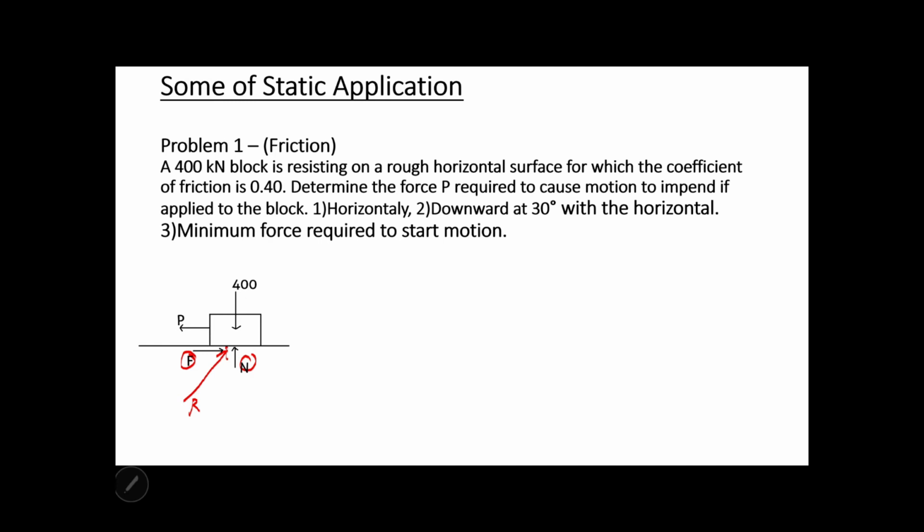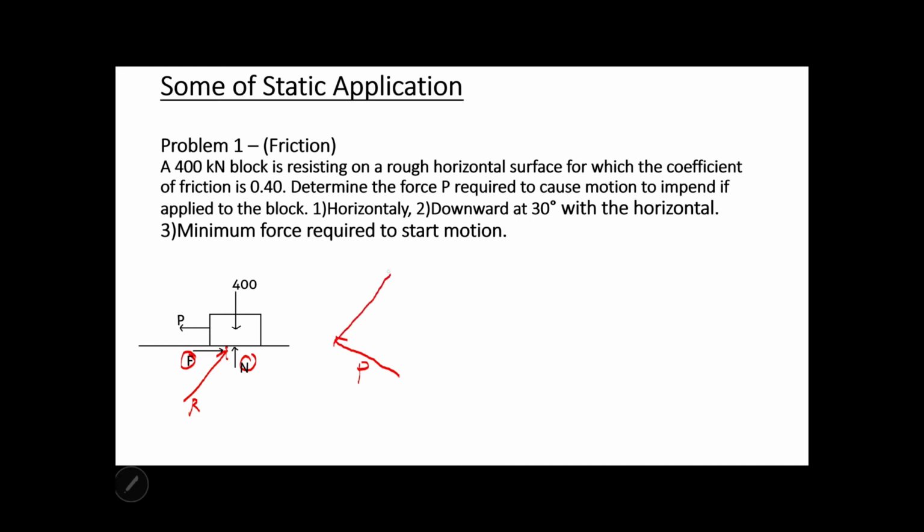Okay? So, ano yung minimum P na required para ma-move natin yung block? Ang sekreto niyan, ang minimum natin na P ay kung walang contribution na magre-resist sa P natin, kung walang contribution si R. So, para maging walang contribution si R, let's draw this perpendicular to R. So, P natin, ito yung direction ng P, which is hindi pa natin alam.